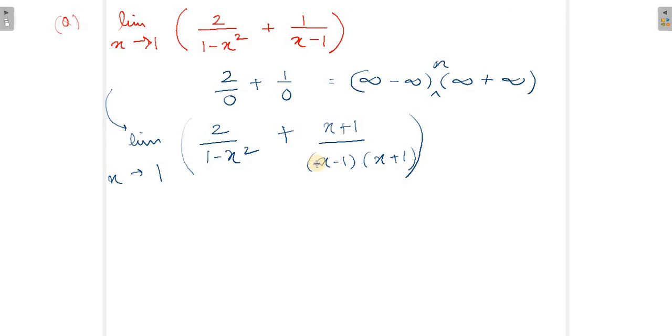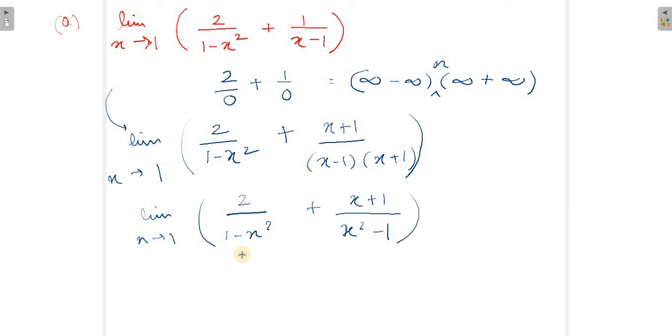Now x tends to 1, it will become 2 by 1 minus x square plus x plus 1 by, this also becomes x square minus 1. Now taking minus common from the second factor makes no difference. So it will become minus, and 1 minus x square, taking minus common from the second factor, limit x tends to 1.